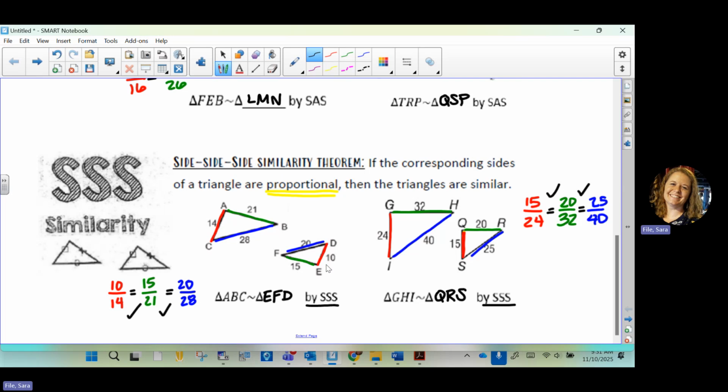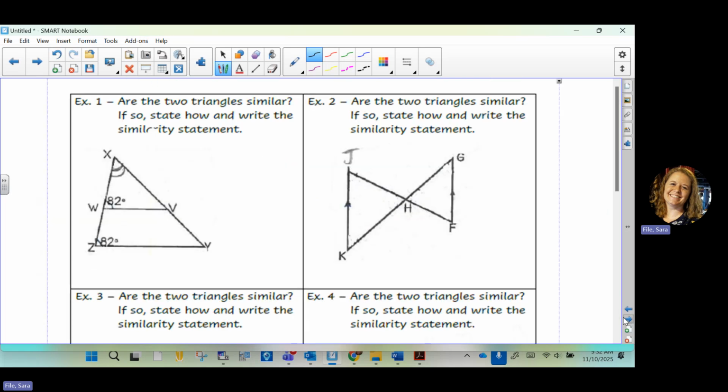Do we understand similarity theorems? Okay, so there's three options: angle, side, or side. You had to find proportional sides and say if they were similar, but I don't know that you had to give the reason yet. Okay, so let's try some on the back.